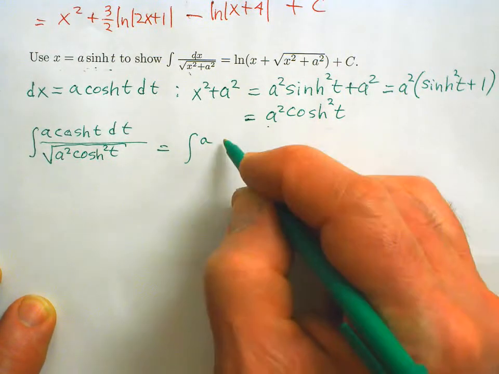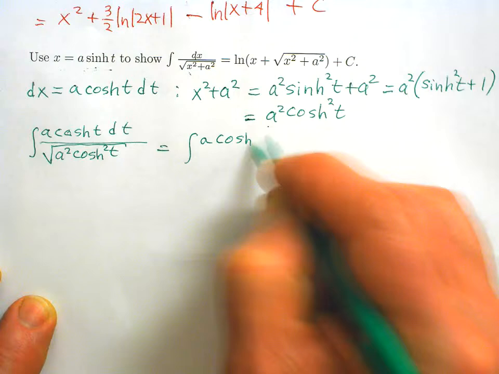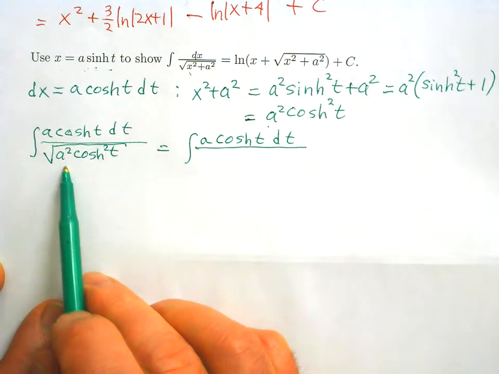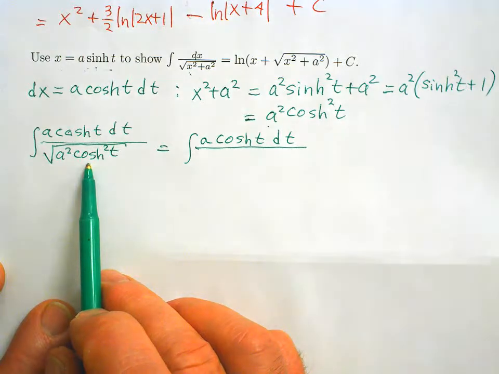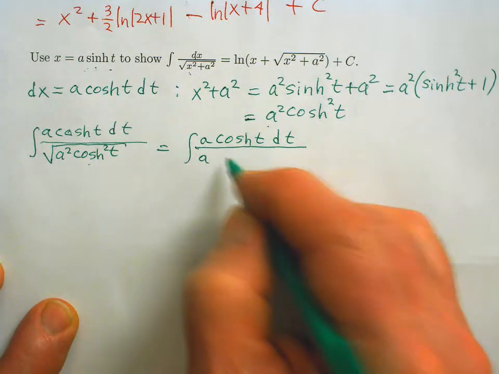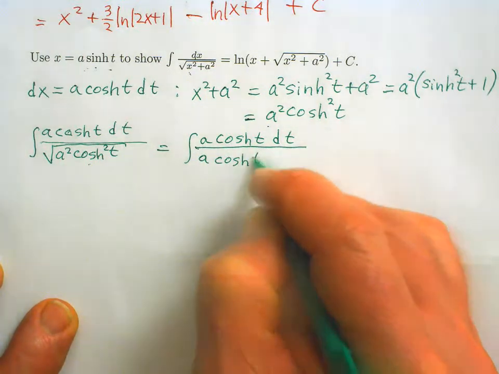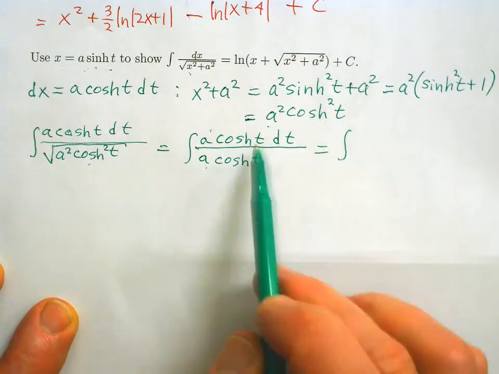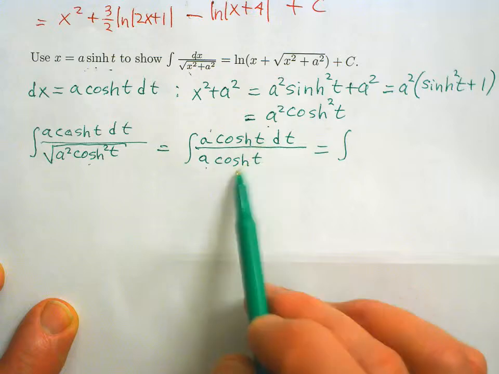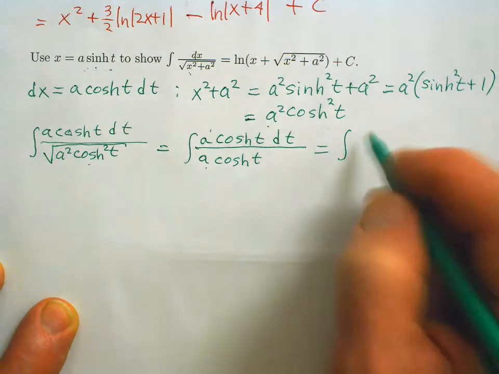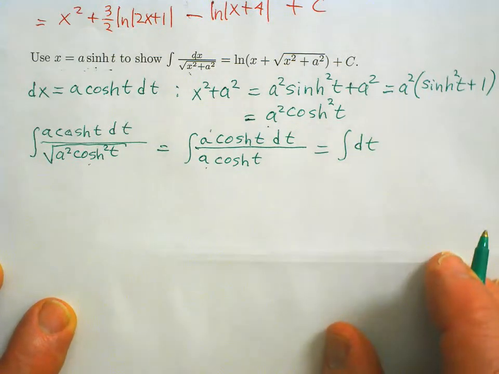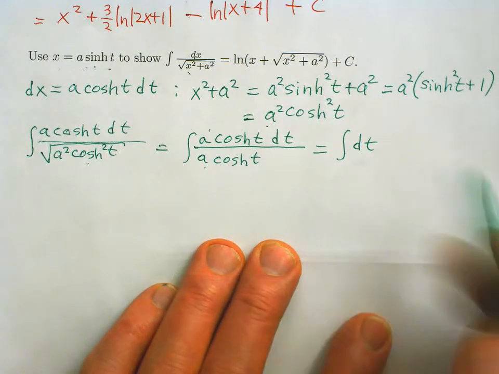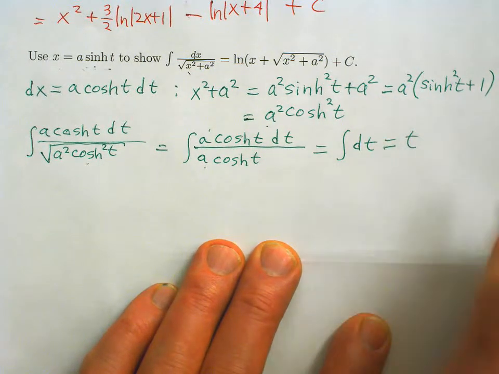So in the numerator, a times hyperbolic cosine of t dt. In the denominator, the square root of a squared times hyperbolic cosine of t squared is a times hyperbolic cosine of t. So a divided by a is 1, hyperbolic cosine of t divided by hyperbolic cosine of t is 1, so we just get dt. And the indefinite integral of dt is t plus a constant.